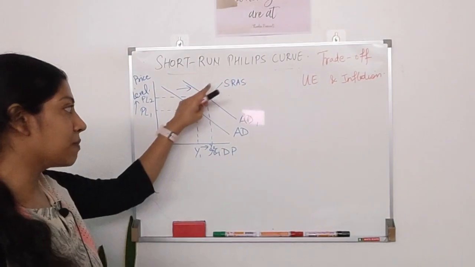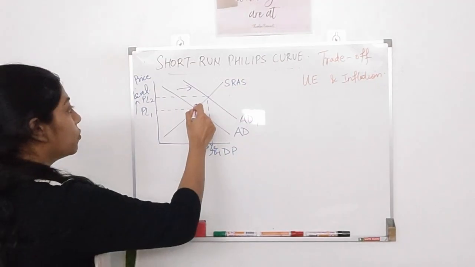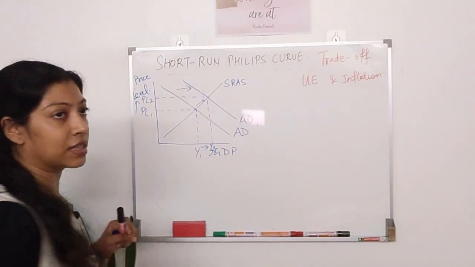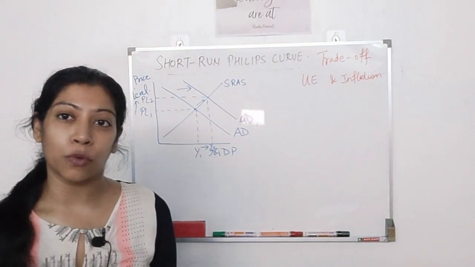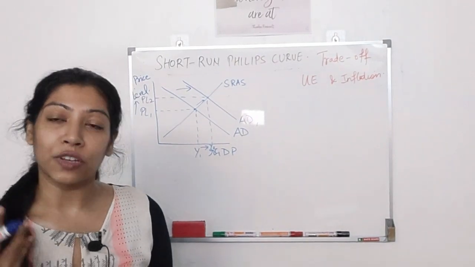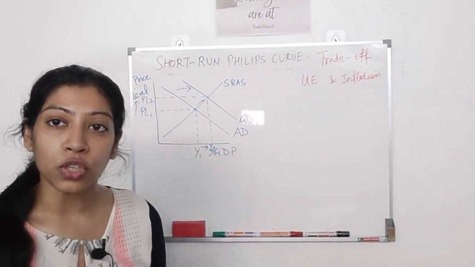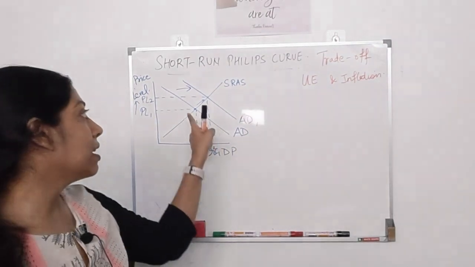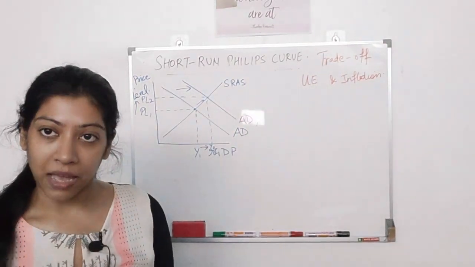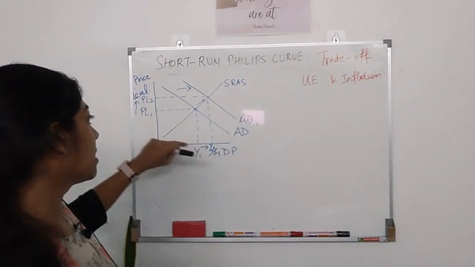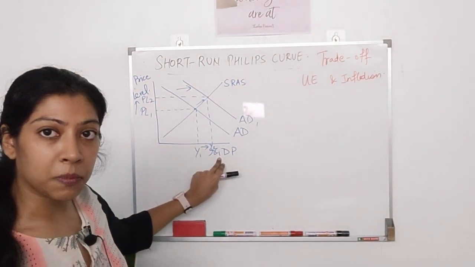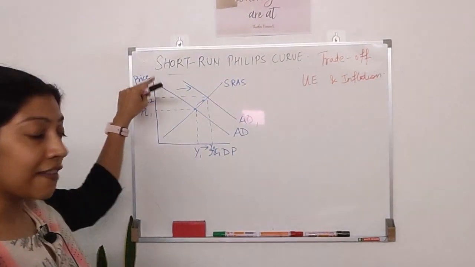Since aggregate demand increased, there was an upward movement along the short-run aggregate supply curve. That means more goods and services were being produced to meet the increased aggregate demand. So there is more output in the economy and there is a higher inflation.